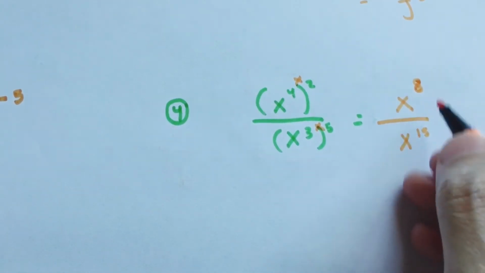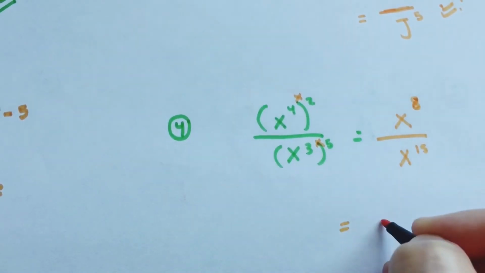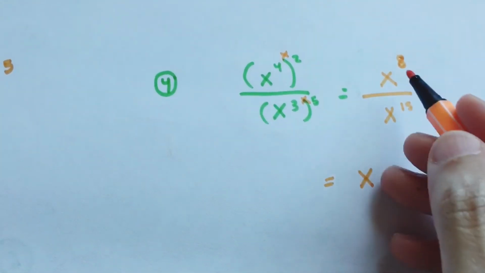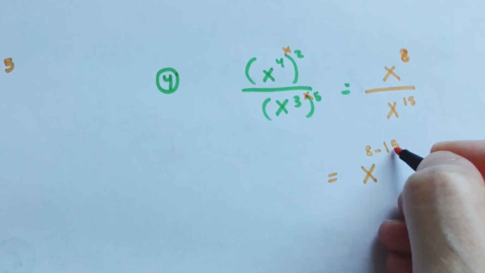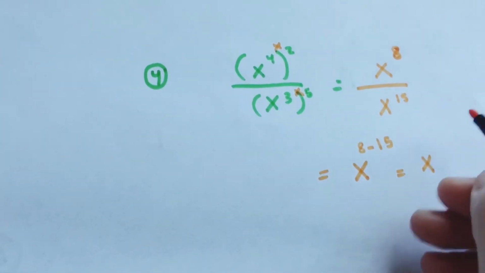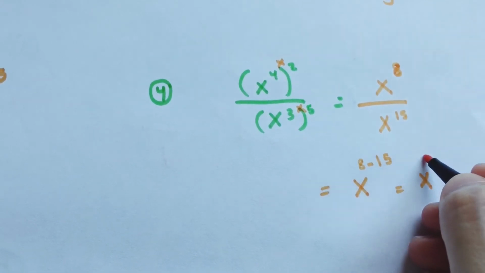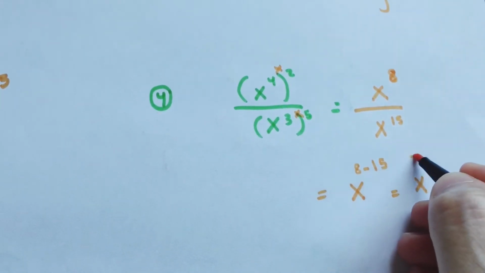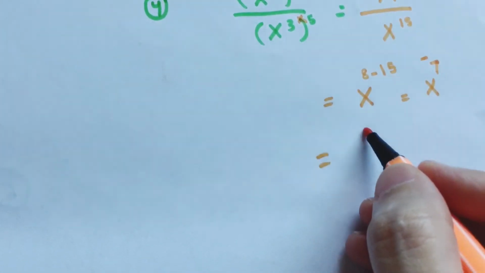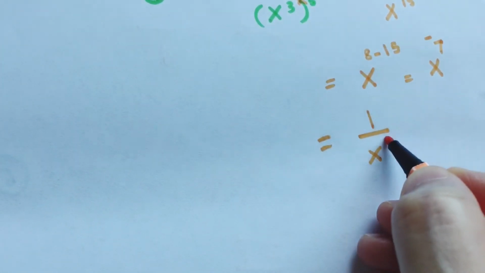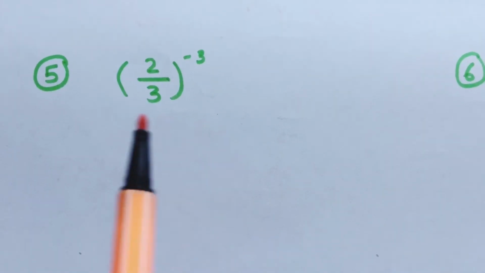Now here we have division, so I'm going to write only x here, the same base. I'm going to subtract the exponents. 8 minus 15, it will be what? It will be negative 7. So I cannot keep it negative, so I will bring it down to be 1 over x to the power of 7. Done.